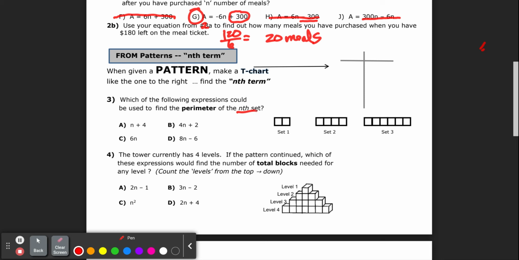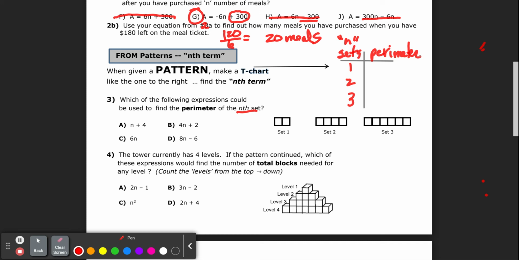So what we're going to do here is set up a t-chart. This is our n, it's going to represent our sets, and we have 1, 2, and 3. And then the other one is going to represent our perimeter. So remember, perimeter is all the sides on the outside.